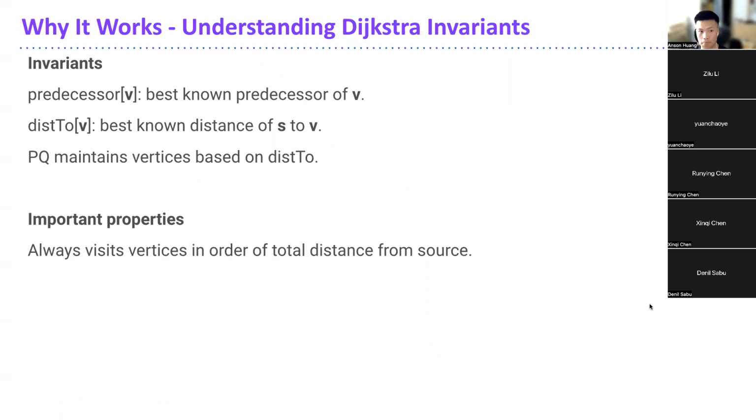All right, cool. So here are the invariants of Dijkstra's. Invariants, just to review, are things that are always true at every single step of the algorithm.